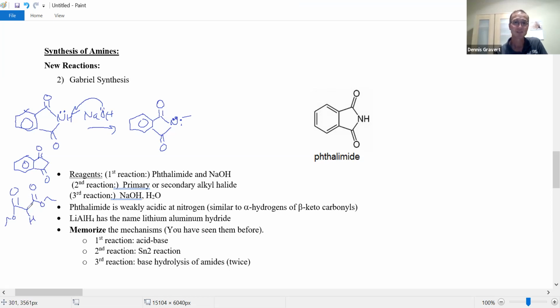By switching from carbon to nitrogen, that even makes it more acidic. Why? Because in malonic acid, carbon here is weakly acidic because it creates an anion that gets resonance stabilized by 2 carbonyl groups, more resonance structures, more stable.